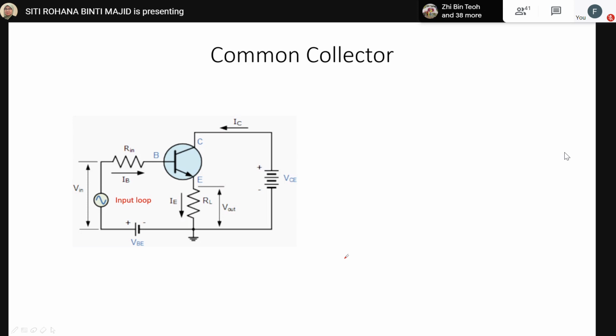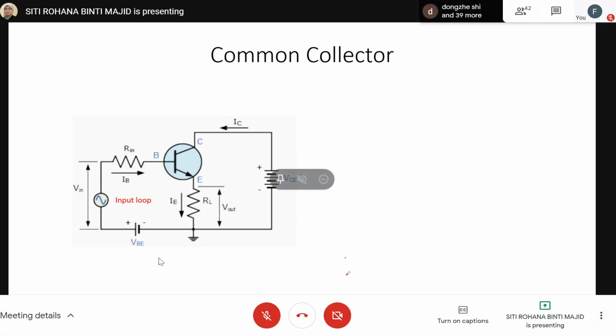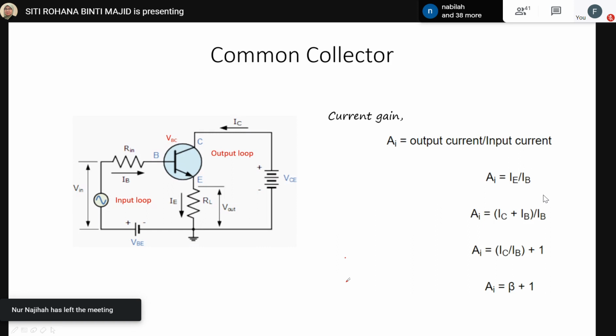So this one is input, and then this one is output. The formula for the current gain, which can be referred to as AI, we can obtain from the ratio between the output current over the input current.